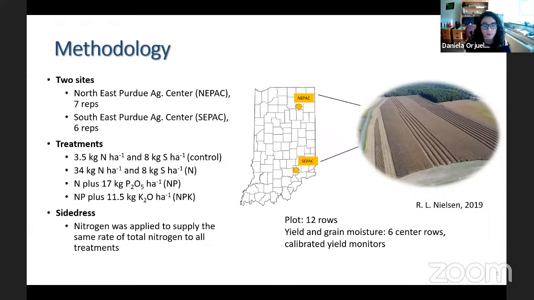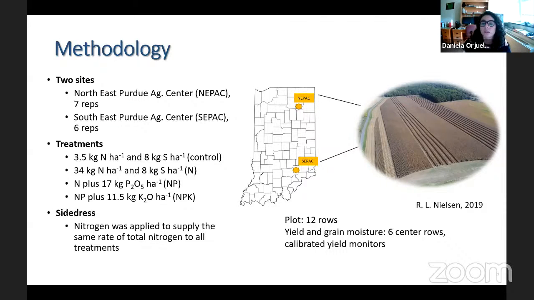So we add 11.5 kilograms of potassium per hectare. It is important to notice that when we did the sidedress, the nitrogen was applied to supply the same rate of total nitrogen to all treatments. This means that at the sidedress, we apply a higher rate of nitrogen to the control than to the starter treatments.